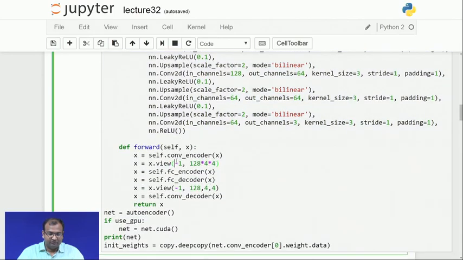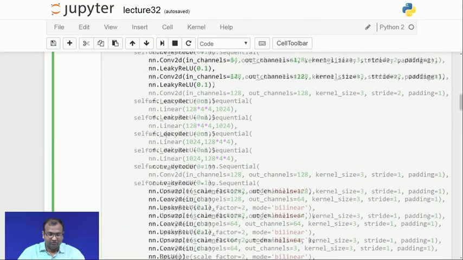Now, when I do a feed forward, first I feed the input through the convolutional encoder block. Once it comes down from there, I need to linearize each of them using the view function, which casts all the neurons into one single linear layer. Then from there it feeds through the fully connected encoder and decoder.